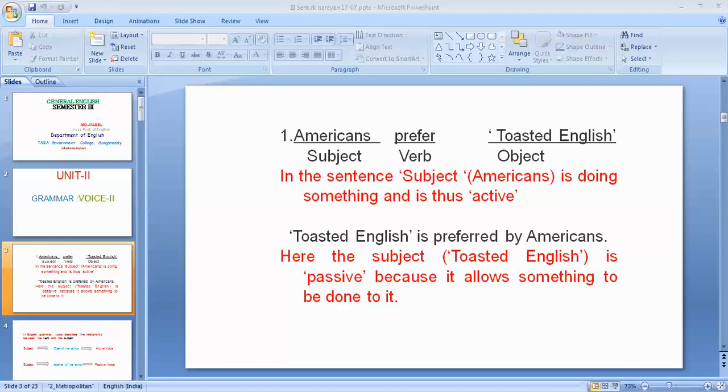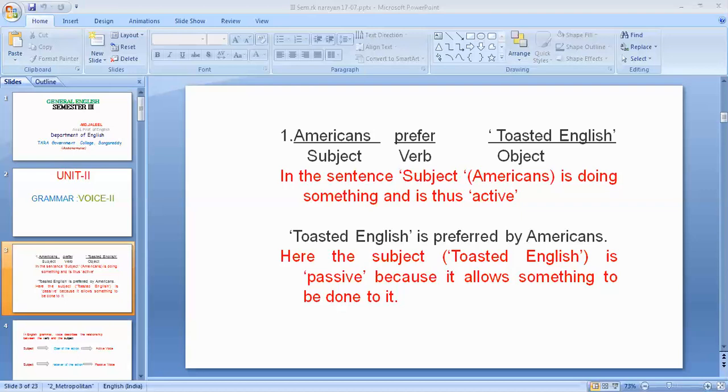If we observe this sentence, prefer is the verb and the Americans, the subject, are the doers of the action, and they are doing the action on toasted English, which is the object of the sentence. So here toasted English is the receiver of the action because something is done on it.